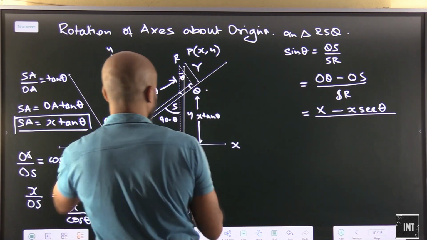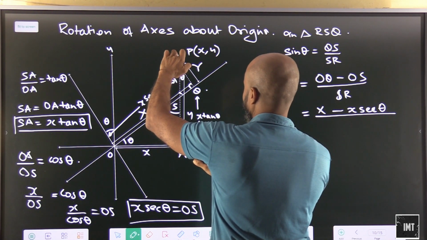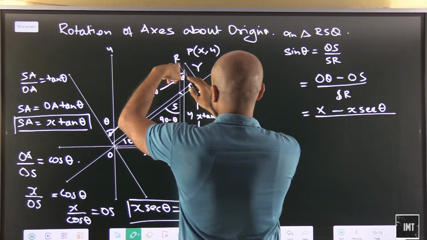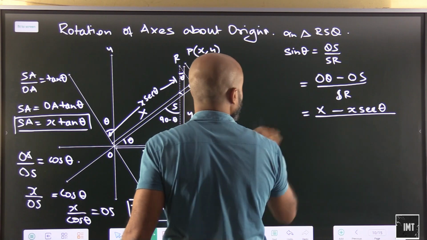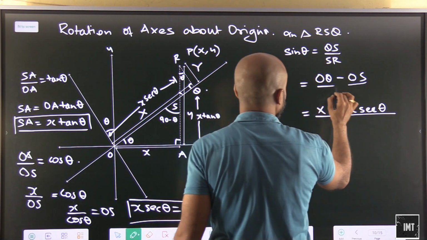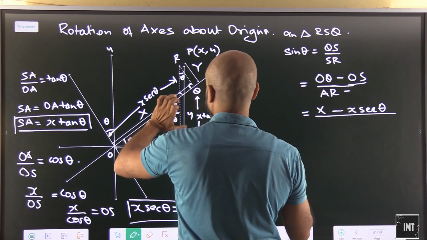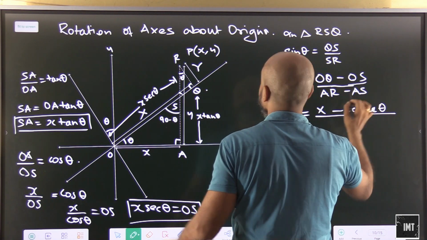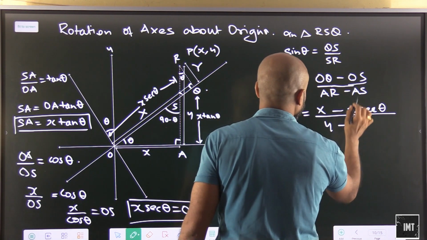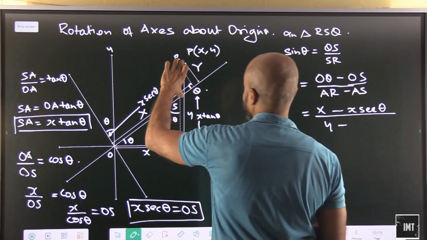So what is going to be SR basically? SR is entirely Y, so SR will be equal to AR minus AS. AR has a value of small y, so that is small y minus AS.